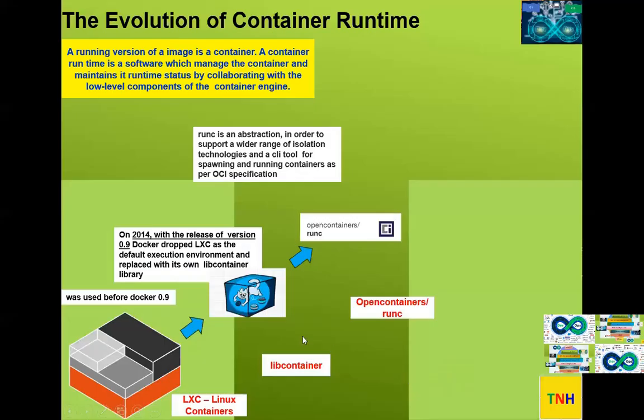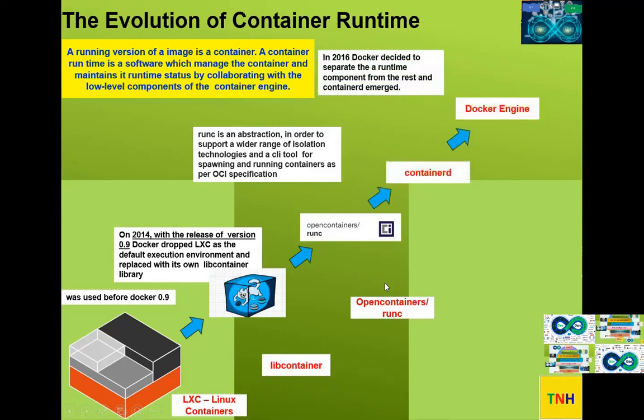I think the first one is libcontainer, and after that they came to runc. It is an abstraction from the underlying technologies. Especially with LXC, the dependency was totally taken away with runc. Yeah, most of the LXC container features were included in runc. Okay, so let's continue. After that, what happened from runc?